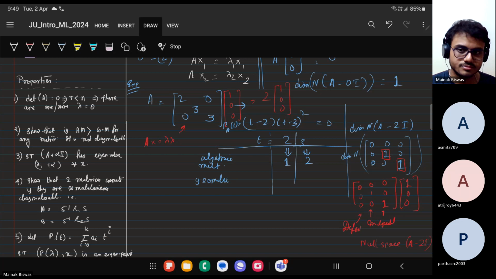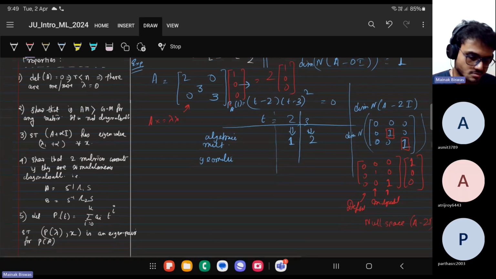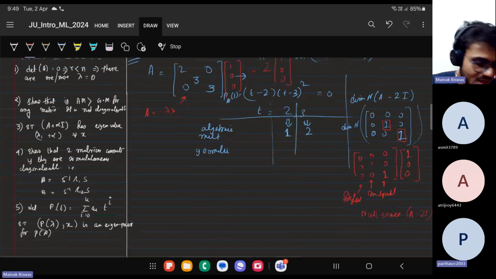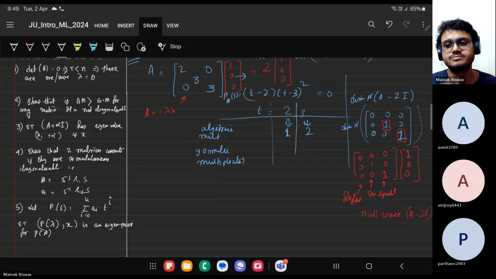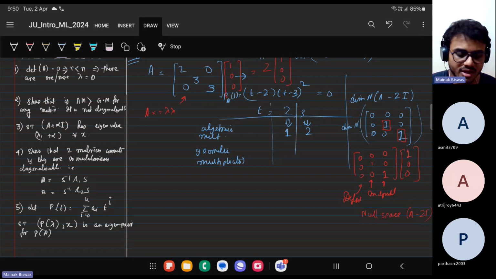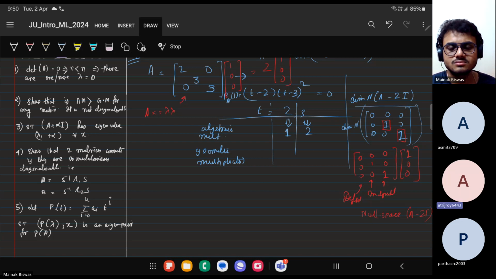Please repeat. What is the geometric multiplicity? What is the definition of geometric multiplicity I just told a little while back? I've written it also, it's written here. It is the dimension of the null space of A minus lambda I for that lambda.